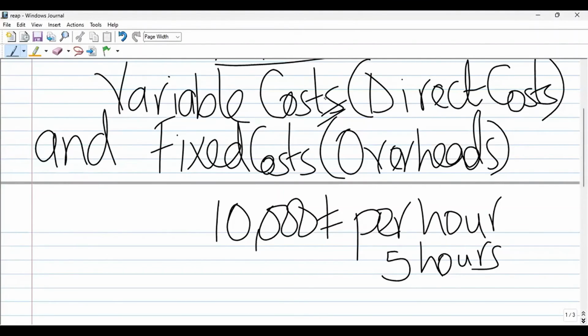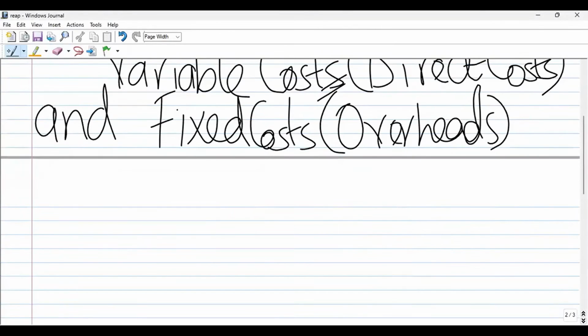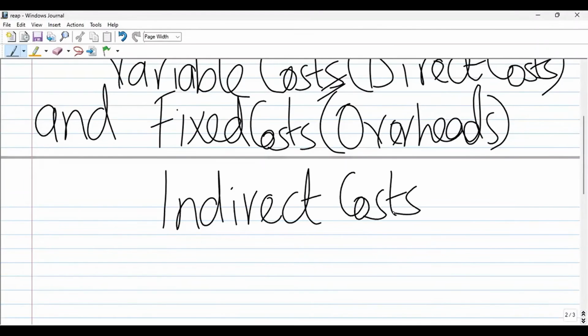But the fixed costs are also known as overheads. Another name for overheads is indirect costs. Such costs are not easy to trace to their original source.